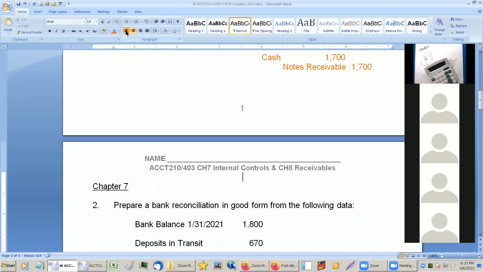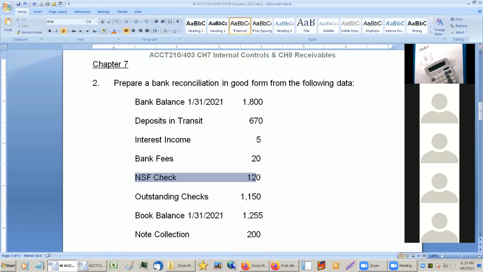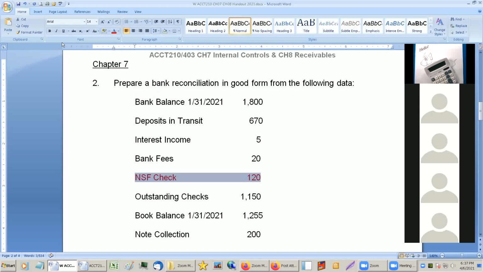There's a tricky part to this one, number 2, and it's this. NSF check.